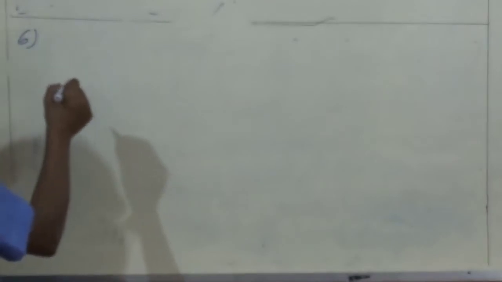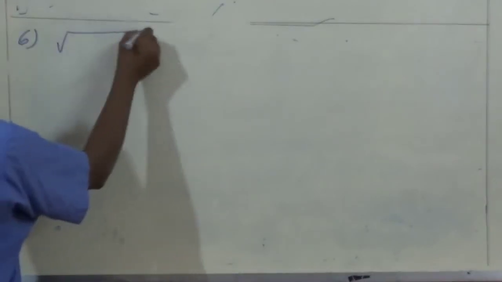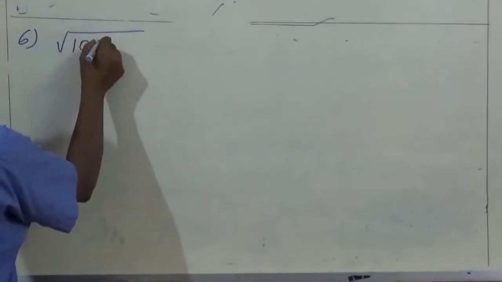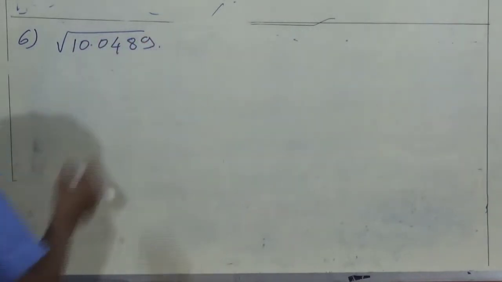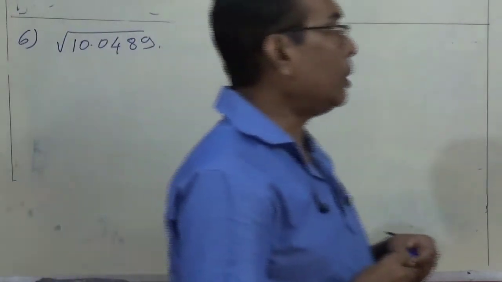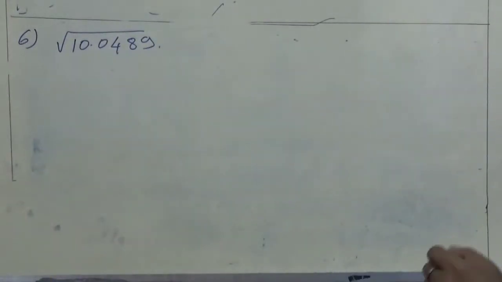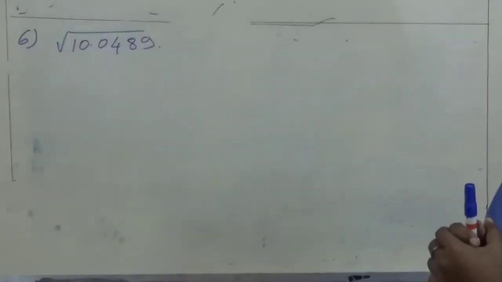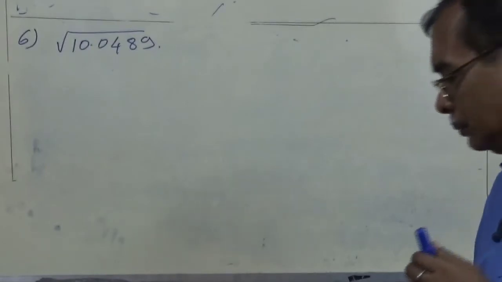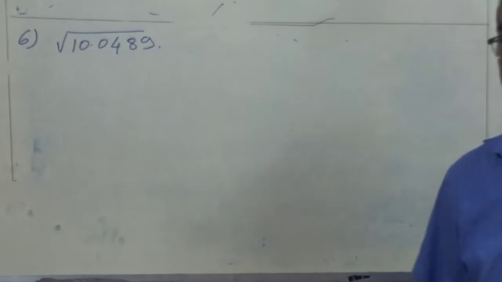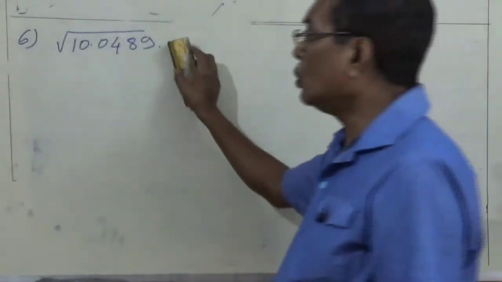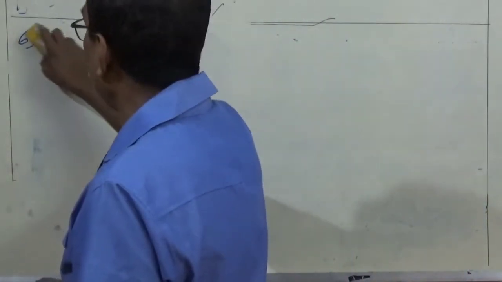We have to find the square root of 10.0489. Let us see what type of things will come here. 10.0489, how will you find? I am going to rub these portions because space will be required.